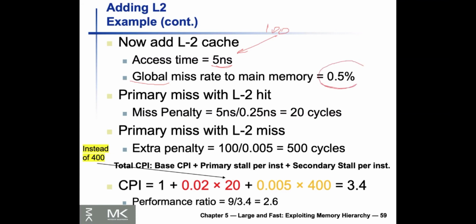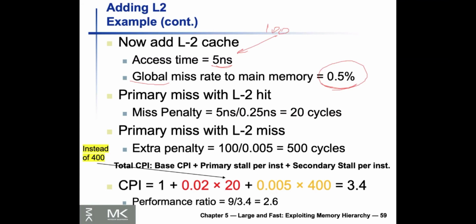Does anyone know what this number means? The global miss rate to memory. Overall, the average miss rate. Yes, so this is the average miss rate. This means that your L1 had already missed, and your L2 already missed as well.